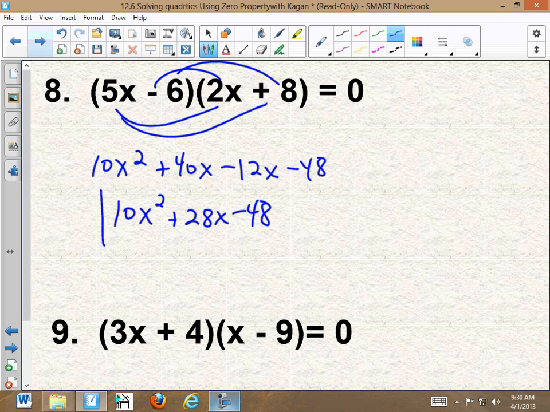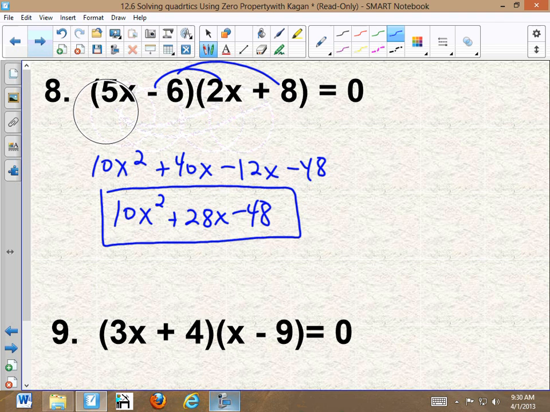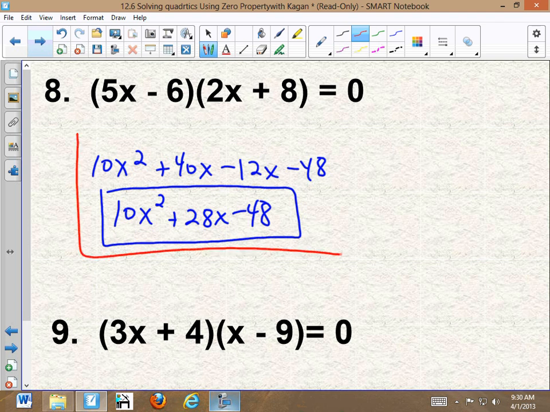This right here is a very important step, kids. Please try to see this. 10x squared plus 28x minus 48. You don't need to write this.